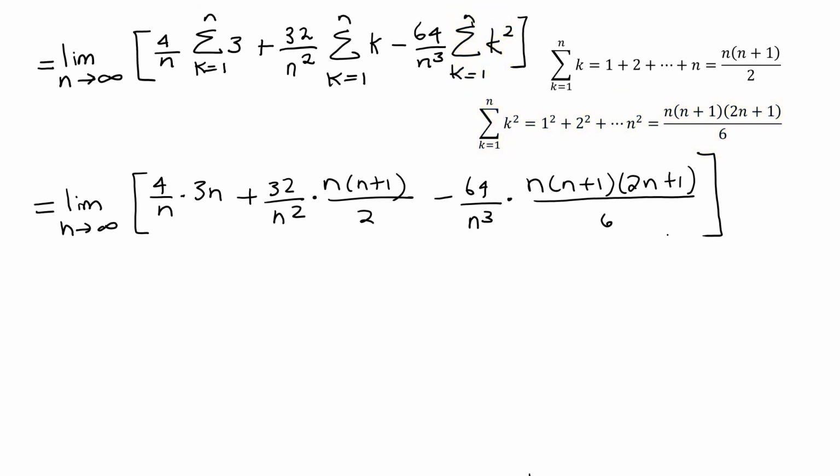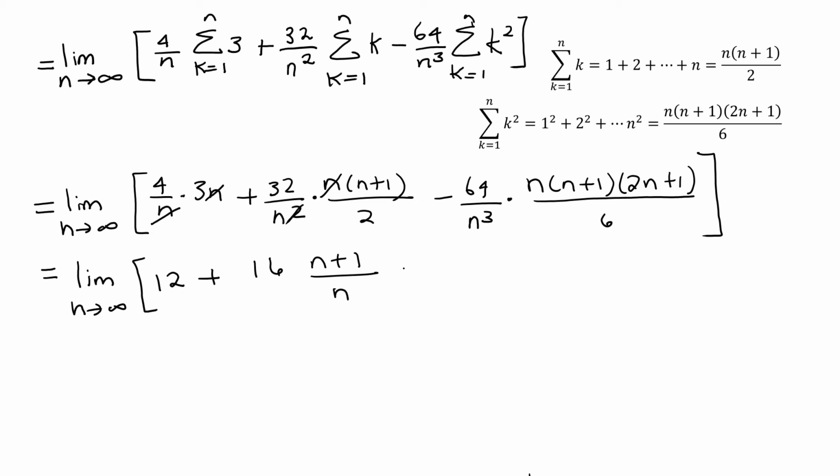We can simplify some things. The limit as n goes to infinity of 4 over n times 3n, the n's cancel, that's 12. Continuing, for the next set of terms, 32 over n squared times n plus 1 over 2. We can simplify the n's. 32 over 2, that reduces to 16. So now we have 16 times n plus 1 over 1n.